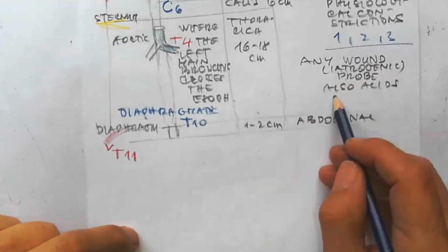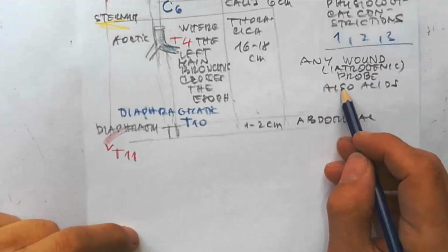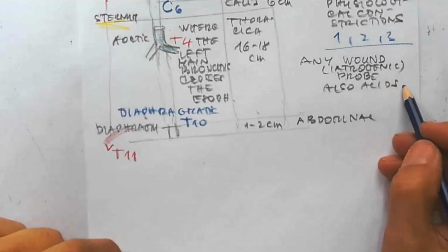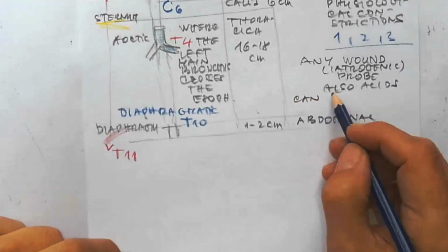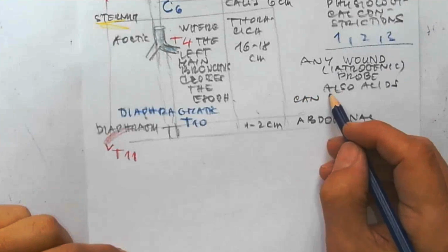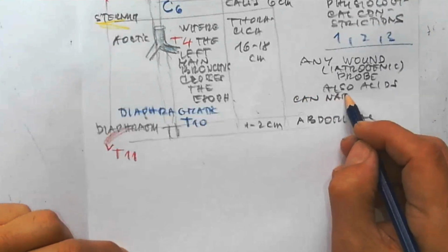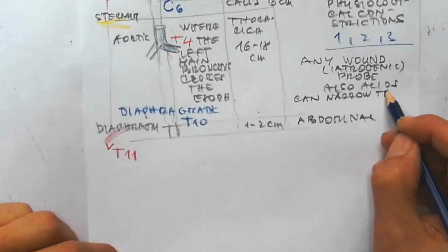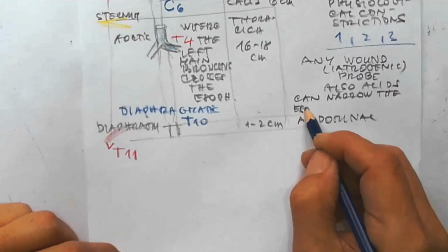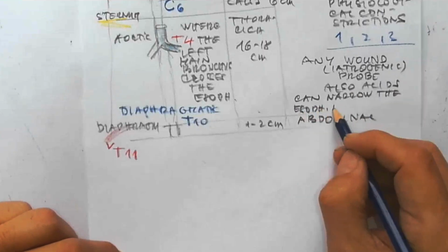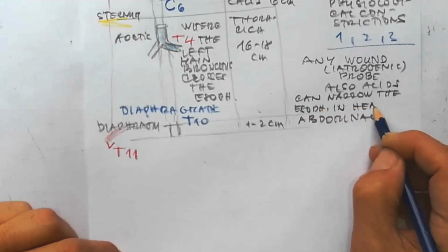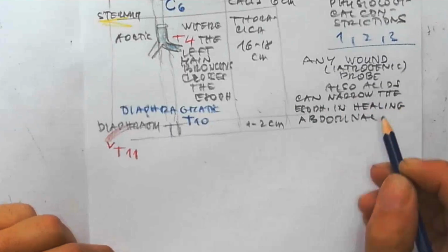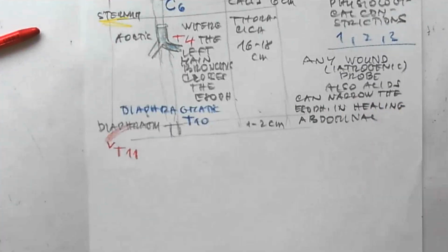So any wound, and also acids, can narrow the esophagus in healing, because healing means that the mucosa needs more space.